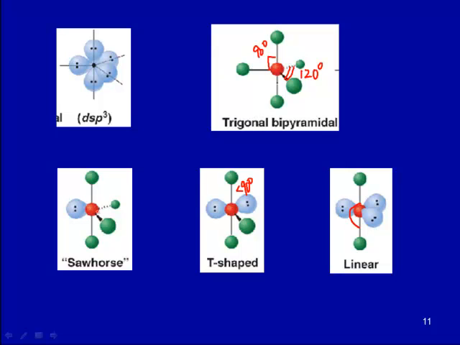And for this one, it's going to be slightly less than 90 and 120 degrees. Okay, 120 degrees is between those two, 90 is between those. Okay, so that's about electron group equals 5.